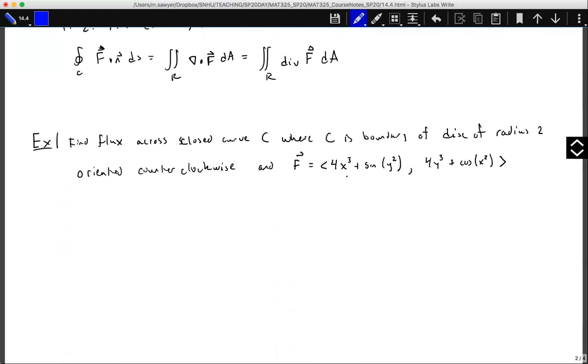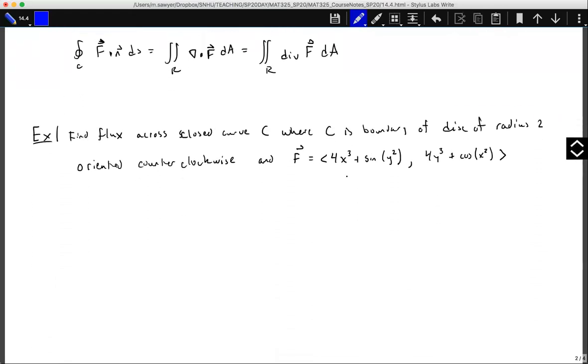So let's find the flux across the closed curve C, where C is the boundary of the disk of radius 2 oriented counterclockwise, along the field F, where F is equal to 4x cubed plus sine of y squared, comma 4y cubed plus cosine of x squared.